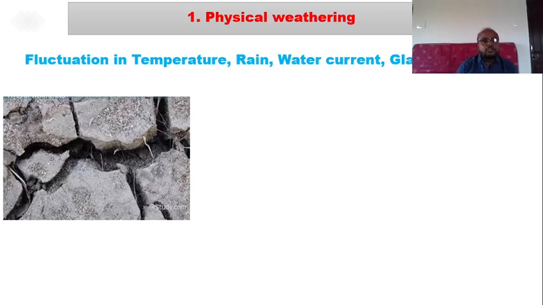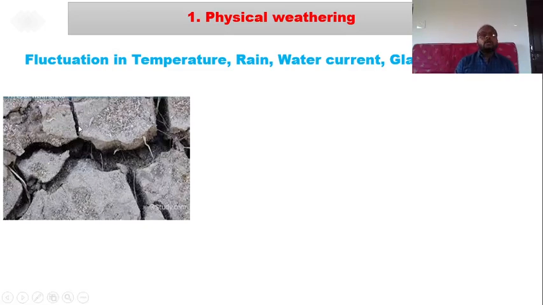Due to this fluctuation in temperature the rock expands and contracts. In that process cracks form, and these cracks lead to the rock being broken down into particles. So due to crack separation and disintegration of the rock, smaller particles are formed.